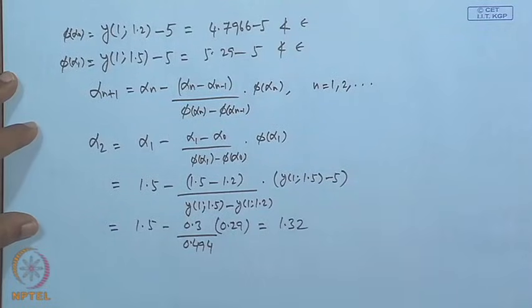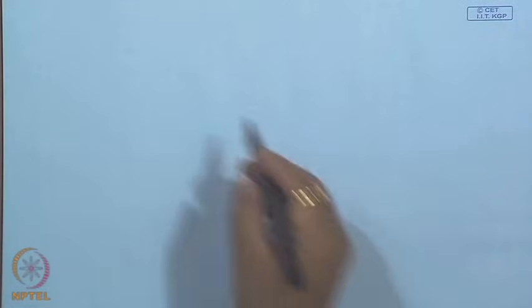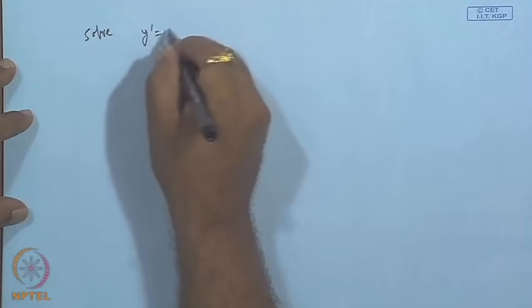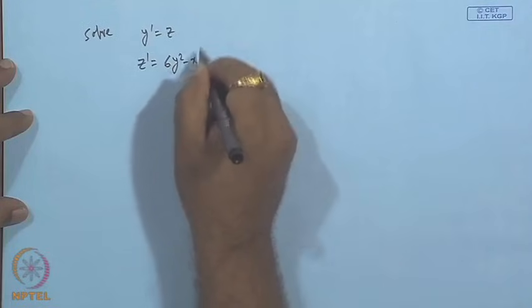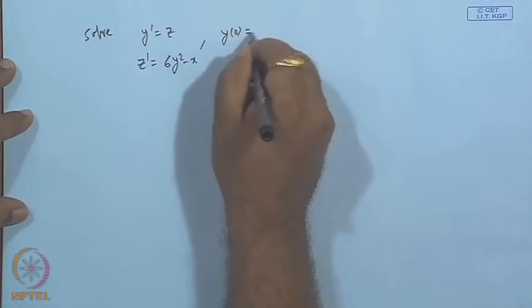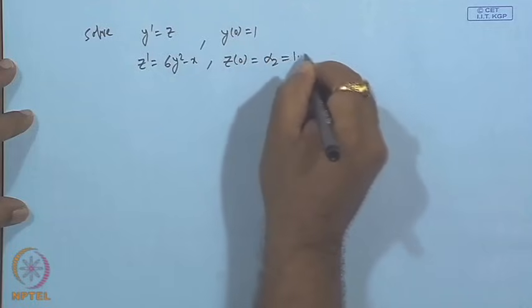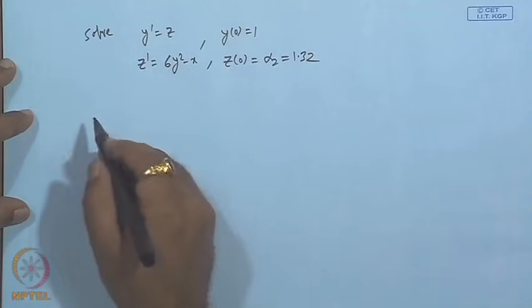So, this is alpha 2. Having computed alpha 2, what do we have to do? Solve z of 0 is alpha 2, which is 1.32. Again we solve by the Euler method.